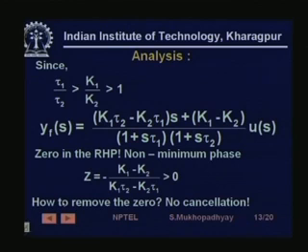Now, the question is that it is this opposing effect which is causing this inverse response and which is also causing the 0. So, how can we remove this non-minimum phase behavior?